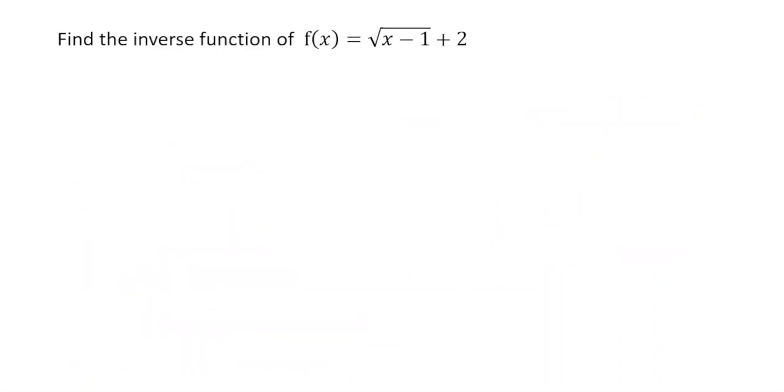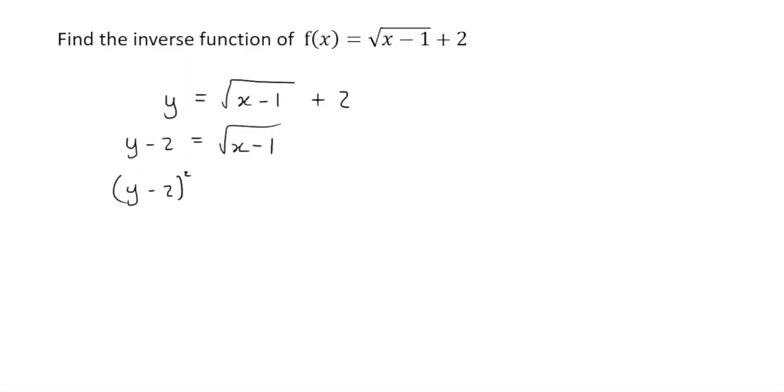Okay, so we go back, we do what we did before. I've got that y is equal to the square root of x minus 1 plus 2. I'm going to rearrange this. I'm going to get y minus 2 is equal to the square root of x minus 1. I'm going to square both sides, so (y minus 2) squared is equal to x minus 1.